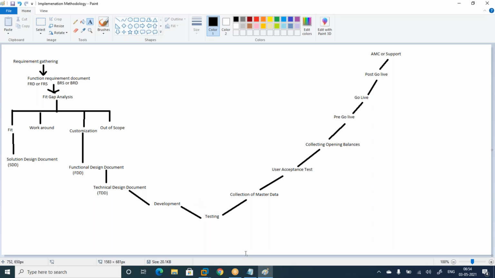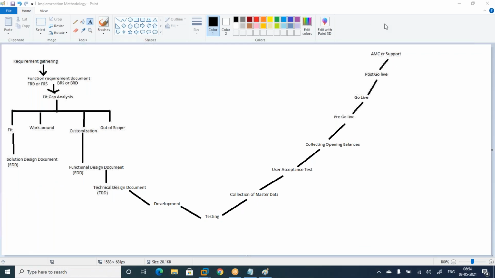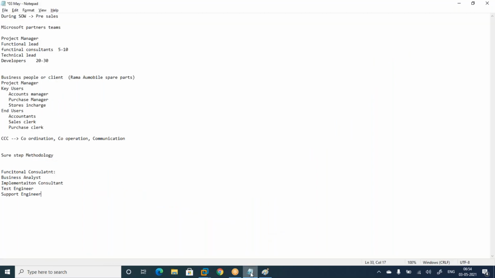Otherwise, being a functional consultant, we can do testing. Another one is support engineer. Support engineer means once go live is over, in this situation, AMC, you will have a support role. And one more role is there, pre-sales consultant.